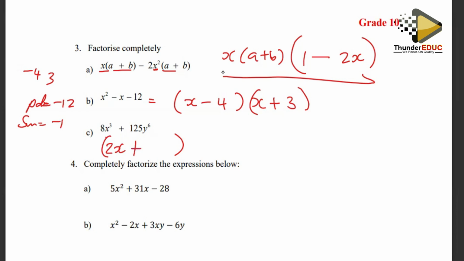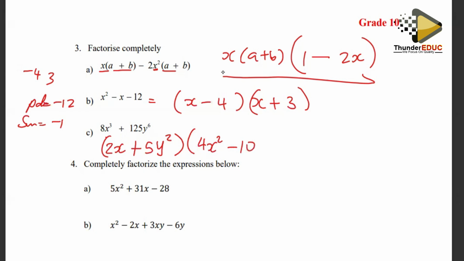Plus the cube root of 125 is going to be a 5. And then the cube root of y to the 6, divide this by 3, which is just going to give us y squared. Okay, what is 2x raised to the power of 2? That's going to be 4x squared minus 2x times 5y squared.